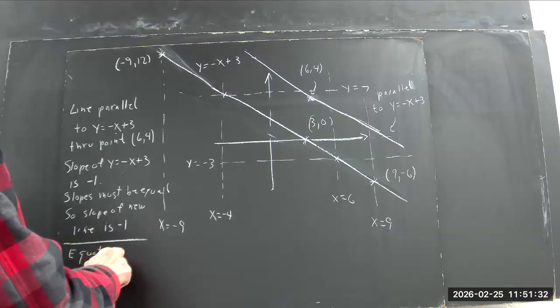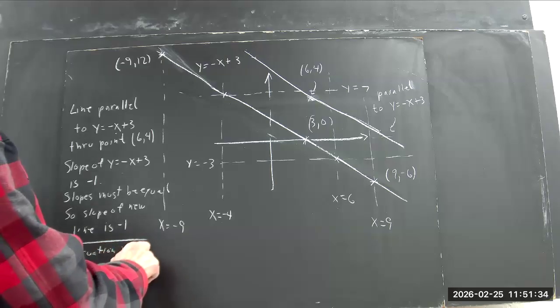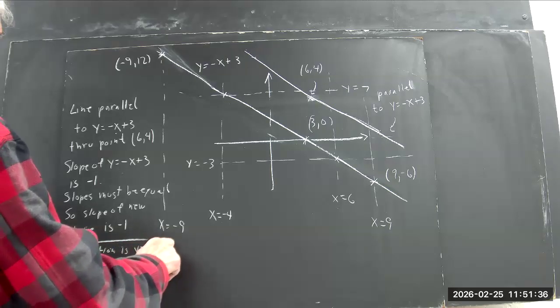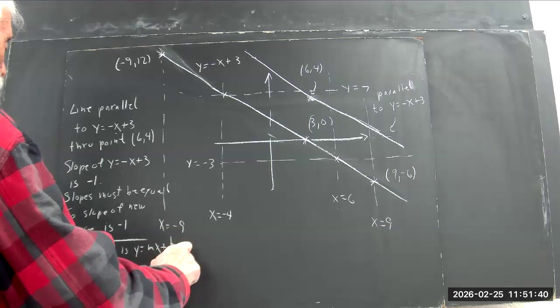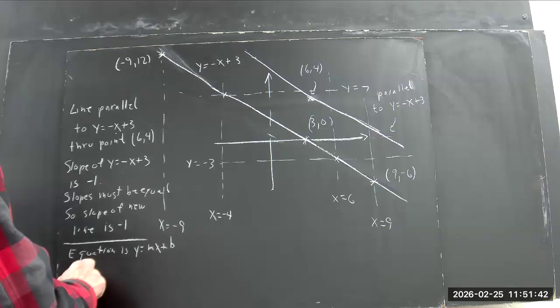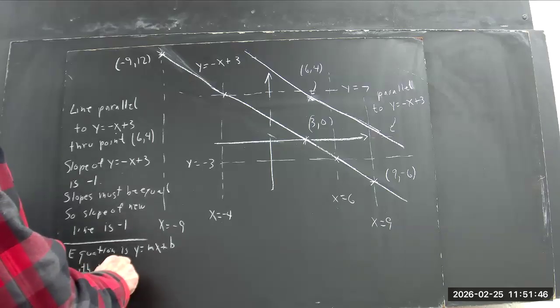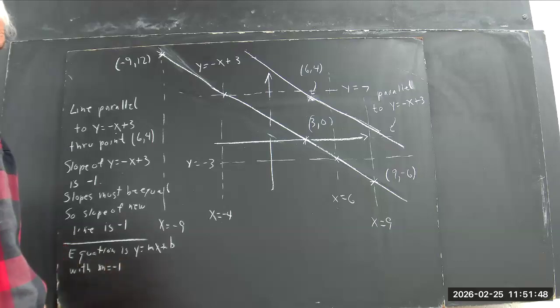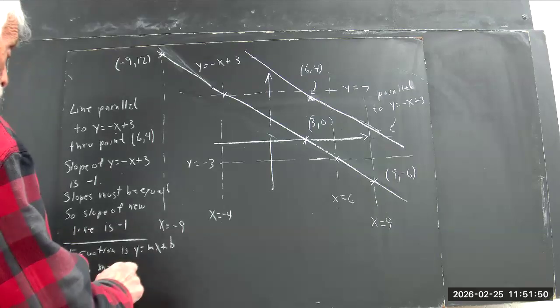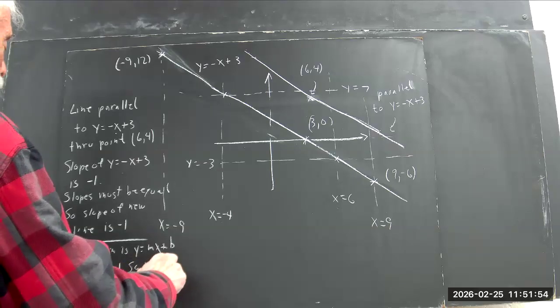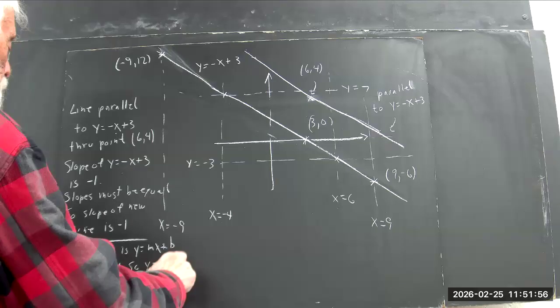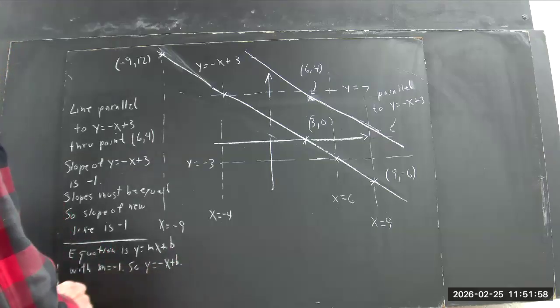The equation is y equals mx plus b, with m equal to negative 1. So y equals negative x plus b.